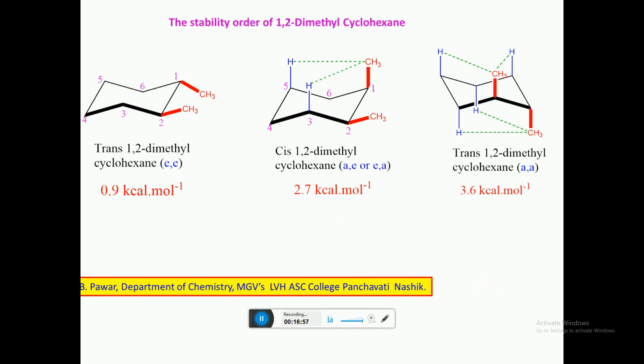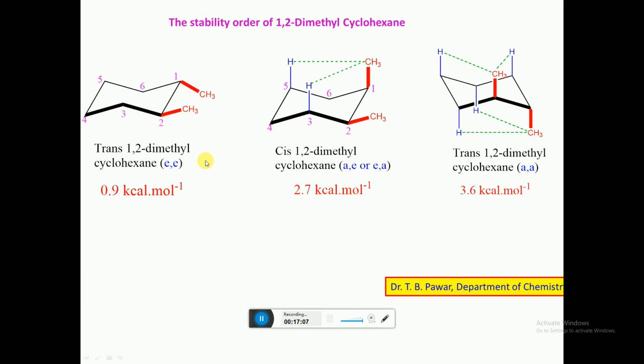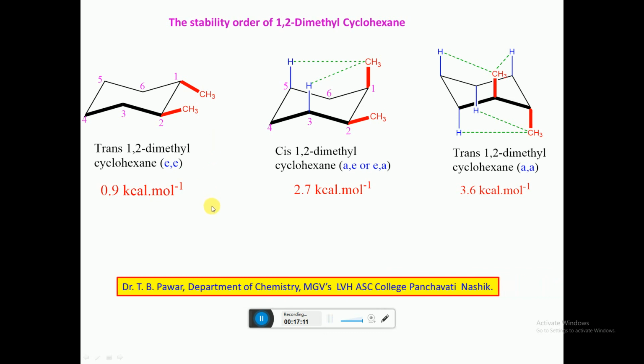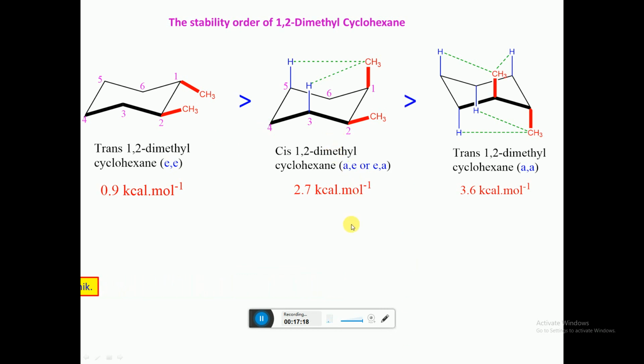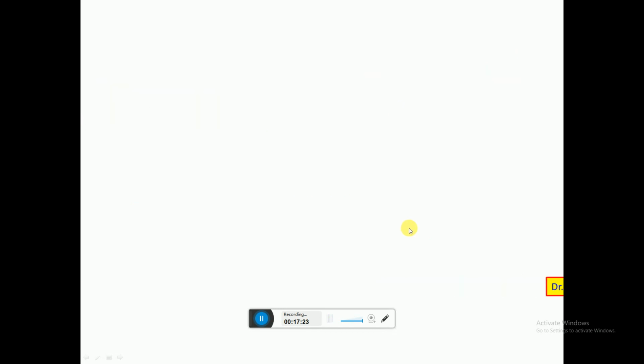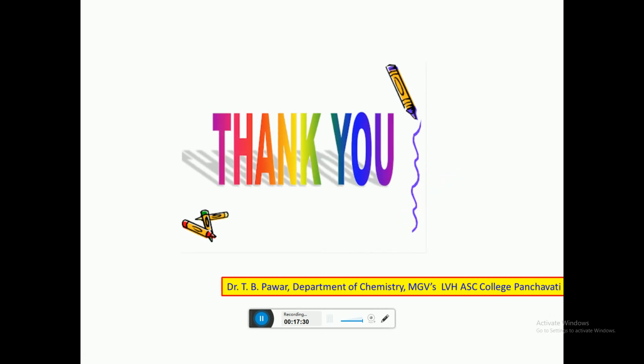So in the stability order of cis and trans 1,2 dimethyl cyclohexane, the trans equatorial is more stable than the cis isomer, and the cis isomer is more stable than trans axial dimethyl cyclohexane. Here we have finished 1,2 dimethyl cyclohexane. In the next slide we will see 1,3 and 1,4 dimethyl cyclohexane.